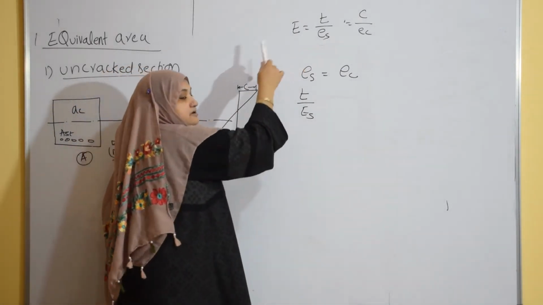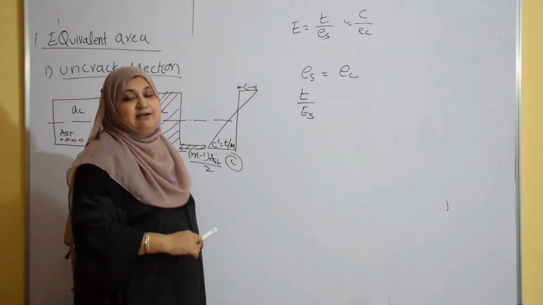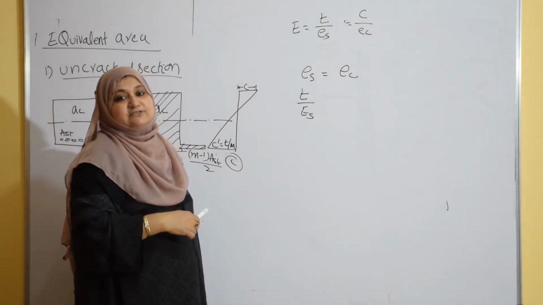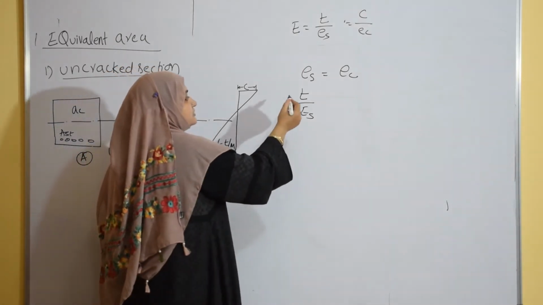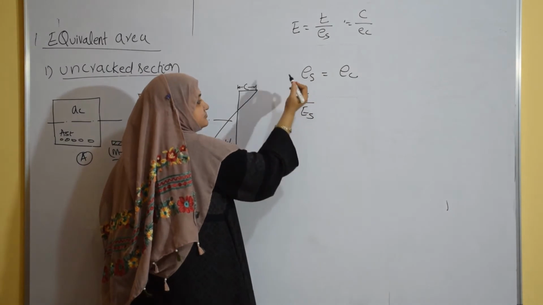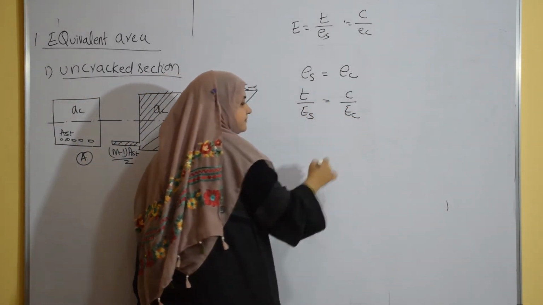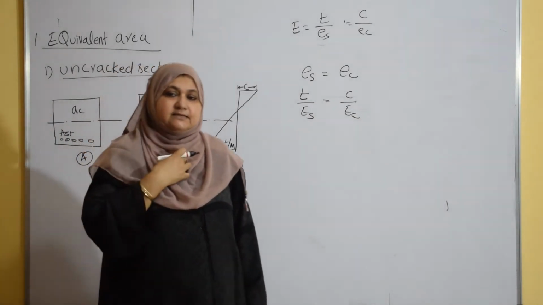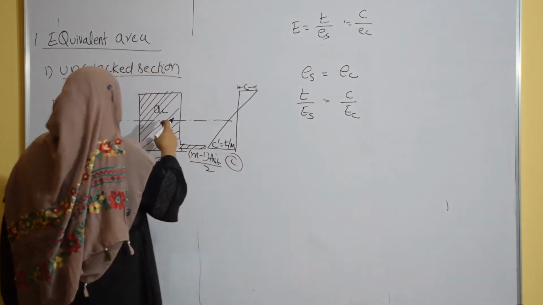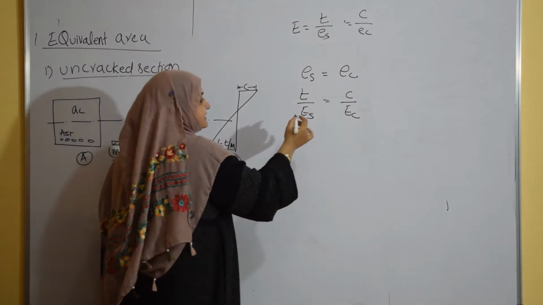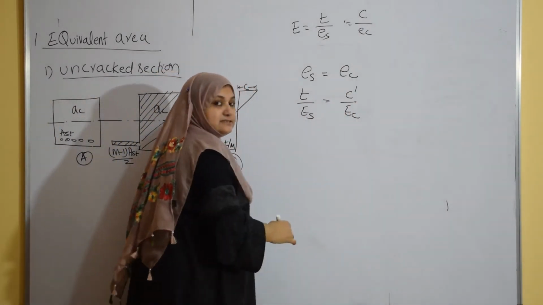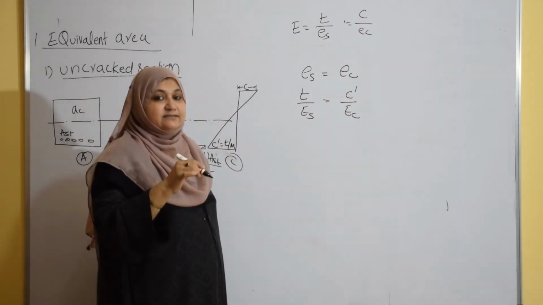We saw this relationship in the last class when we were doing the stress strain curve. For steel, strain is σ_st by Es. Same way for concrete, C by Ec. Because concrete is in the tension zone, I will write it as C dash, the stress in concrete in the tension zone.